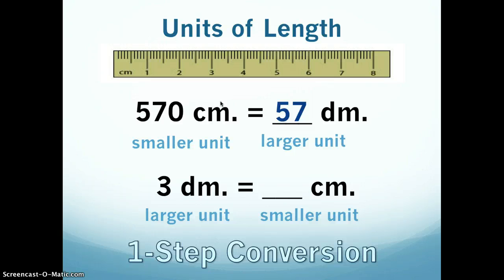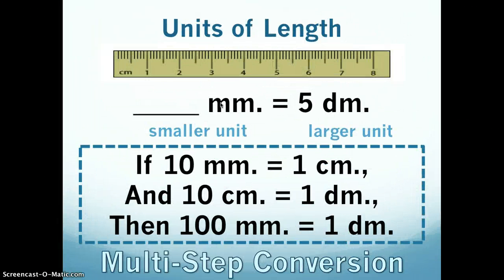You want to have that in front of you. If you're changing from a larger unit to a smaller unit, remember, you are going to have to multiply. Make sure you write that down. If we have 3 decimeters and we're changing it into centimeters, you're going to multiply by 10. 3 times 10 is 30.